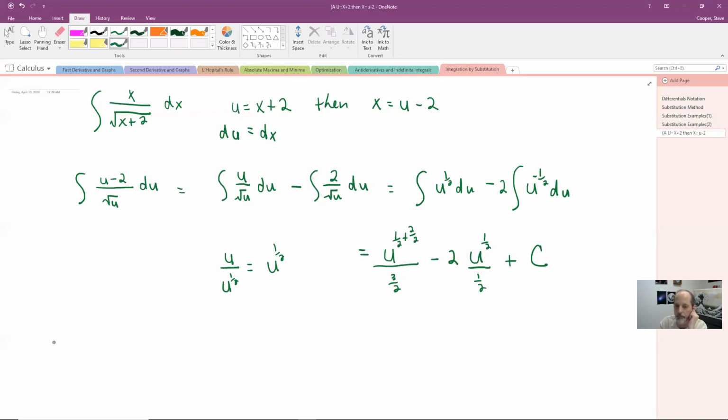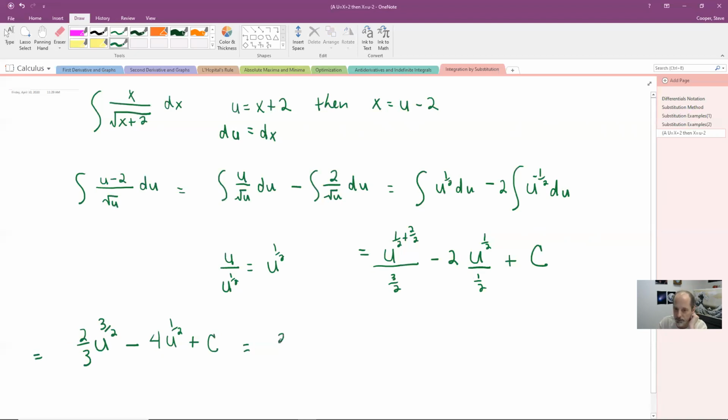So this would be, flipping that, we're going to get 2/3 u to the 3/2 minus 2, and since I'm going to flip that half, that becomes 2 times 2, so minus 4 u to the 1/2 plus c.